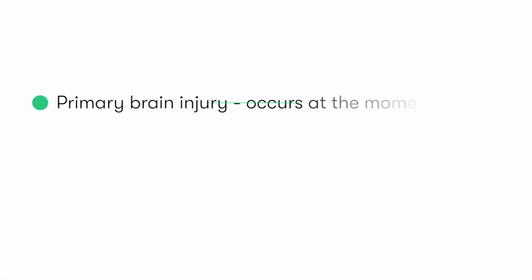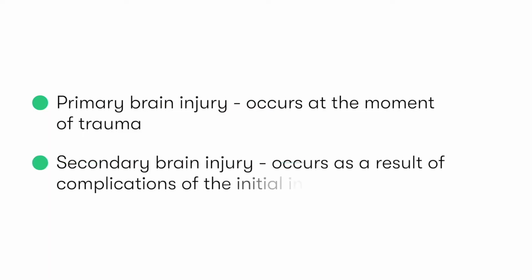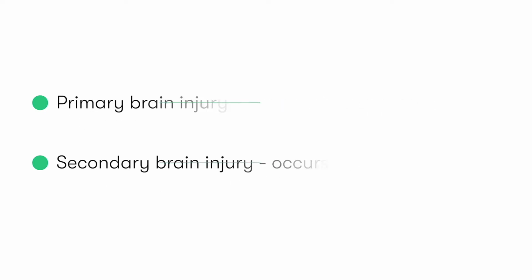As we've mentioned, traumatic brain injury can be defined as primary brain injury, in which the injury to the brain itself occurs at the moment of trauma, or it can be defined as secondary brain injury, in which the injury occurs as a result of a cascade of cellular and physiological complications as a result of the initial injury.